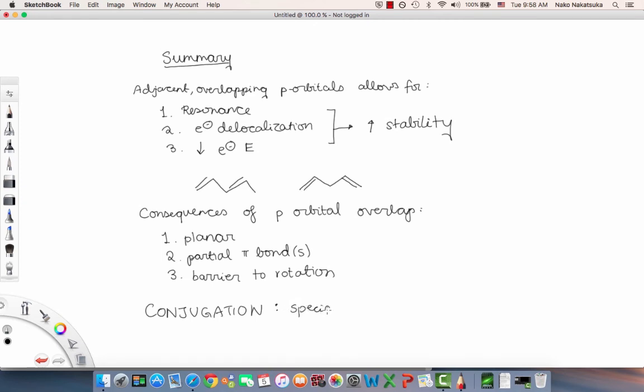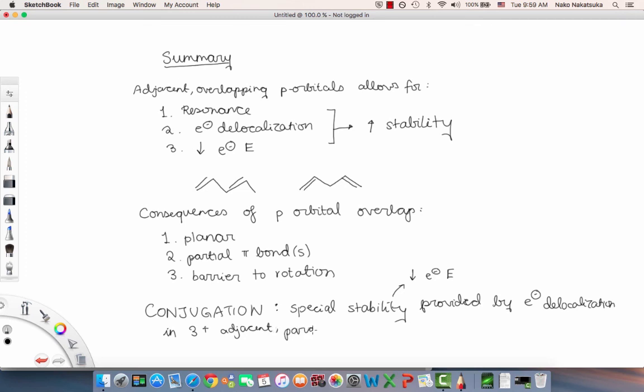This is special stability resulting from a decrease in electron energy, as I mentioned right here, provided by electron delocalization in 3 or more adjacent, parallel, so that it's in the same plane of the board, and overlapping p orbitals.